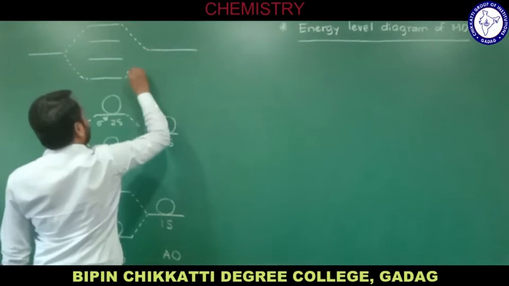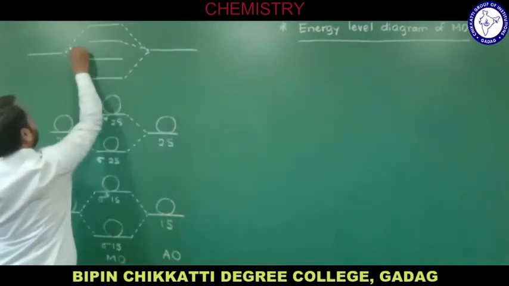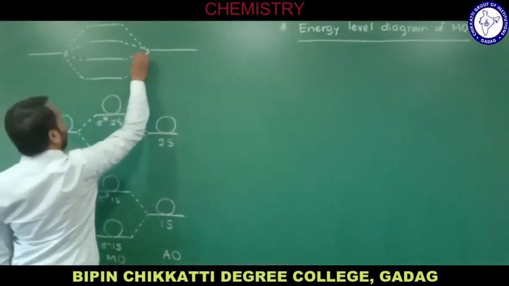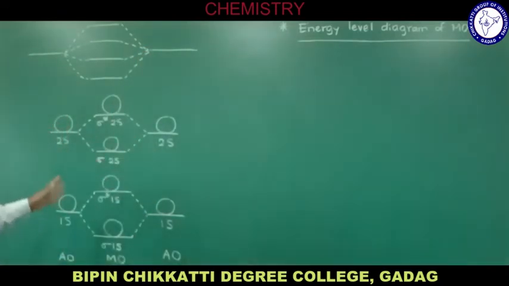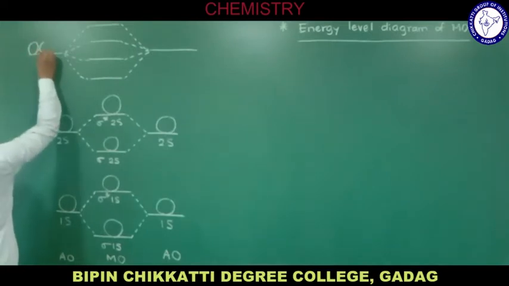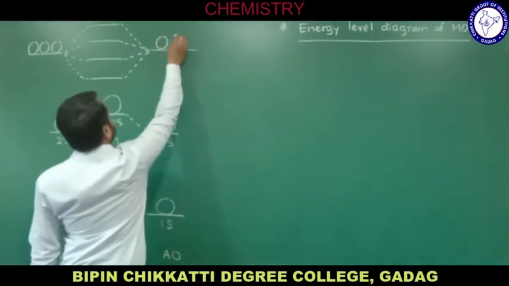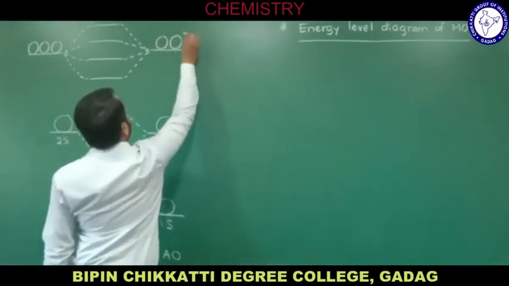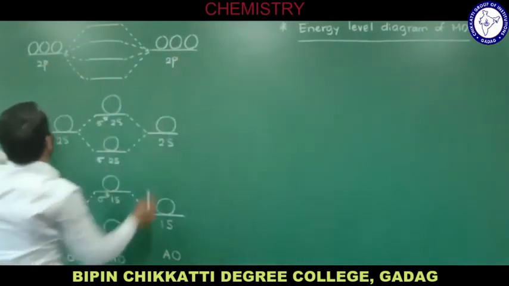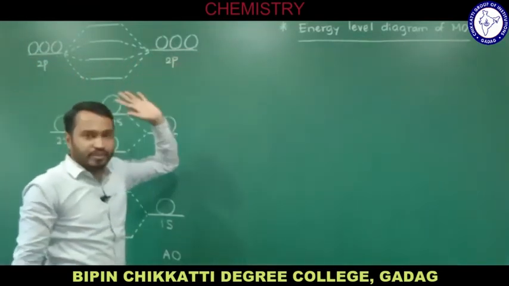The shape of s atomic orbital is spherical, whereas the shape of p atomic orbital is dumbbell, and all these are oriented in either x or y or z direction. We get 2px, 2py and 2pz. So 3 you need to consider, 3 spheres I consider for p atomic orbitals in this fashion. This is 2p again, and this is also 2p, or you can write 2px, 2py, 2pz, and here you can write 2px, 2py and 2pz.